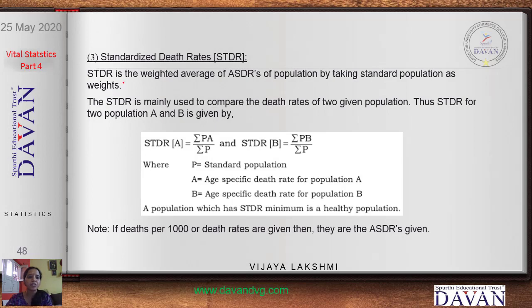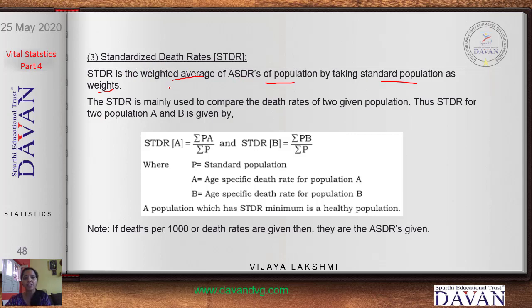The third one is standardized death rate. It is the weighted average of the ASDRs of the population, taking the standard population as the weights. STDR is the weighted average of the age specific death rates.